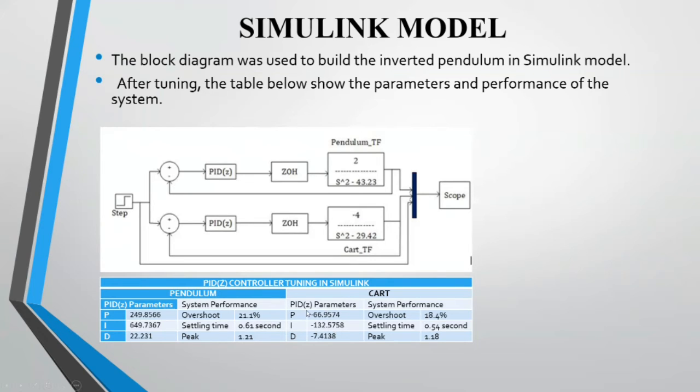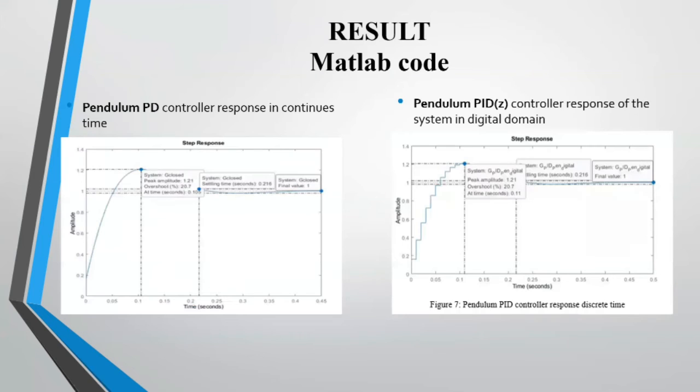Similarly for the cart, we have the PID values and system performance. These PID controller values for the cart and pendulum will be used in the VR model, which will be seen in coming slides. So this is how we get our VR parameters for the controller. From here, I give it to my friend Roya, who will continue discussing the results. Thank you, Roya.